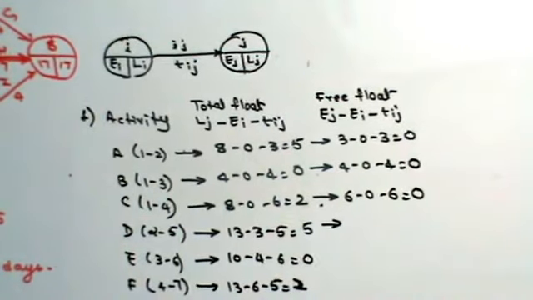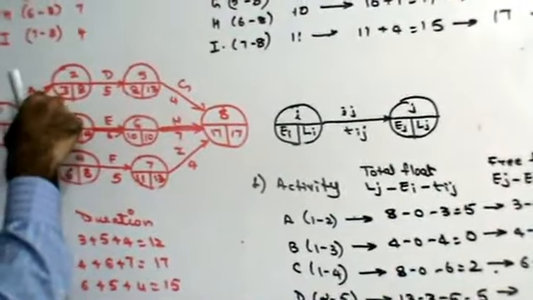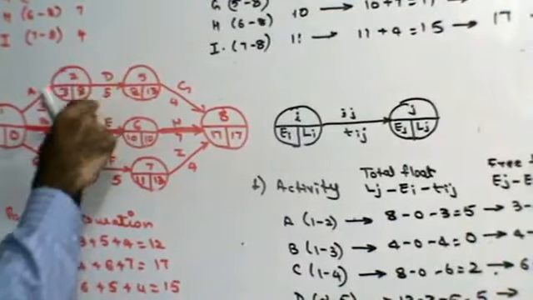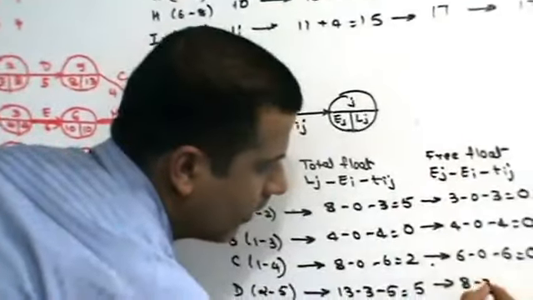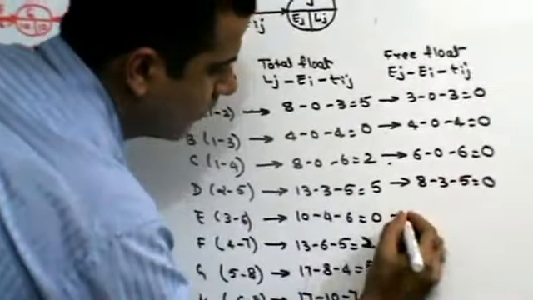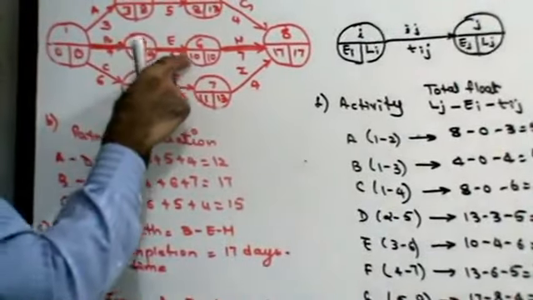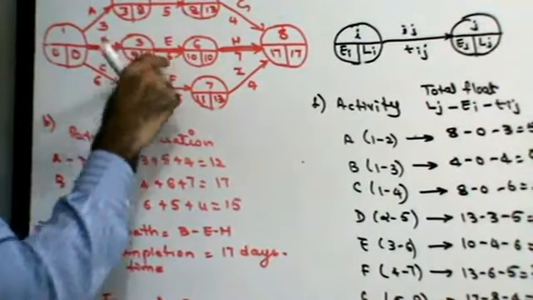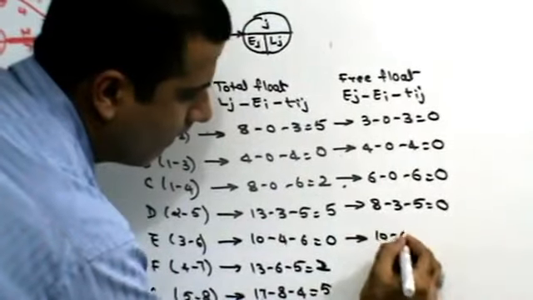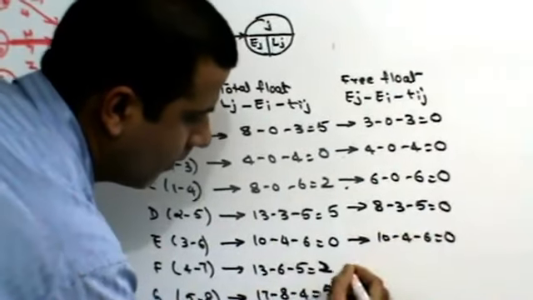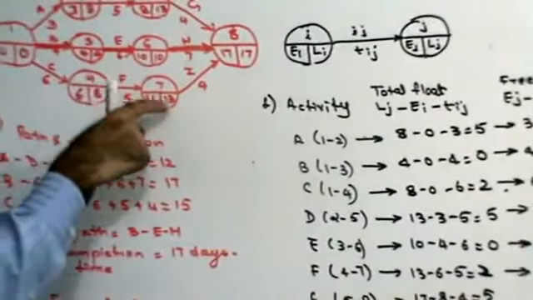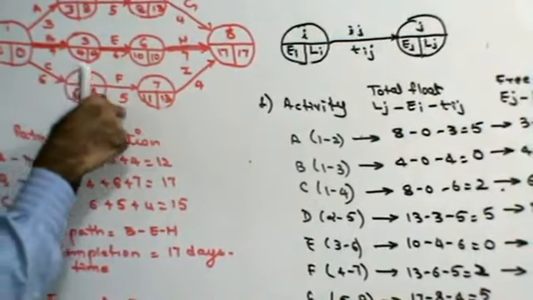For activity D, it is 8 minus 3 minus 5, 0. For activity E, 10 minus 4 minus 6, 0. For activity F, 11 minus 6 minus 5.